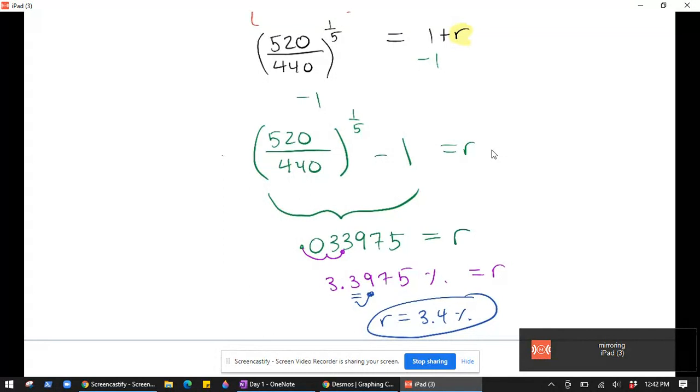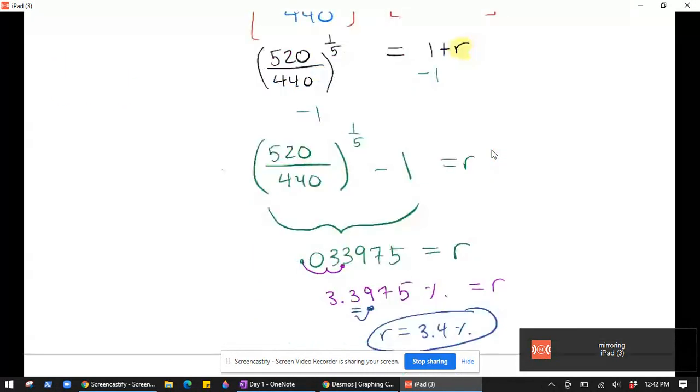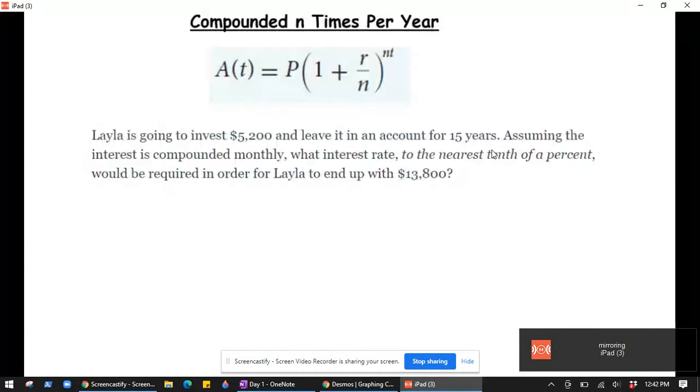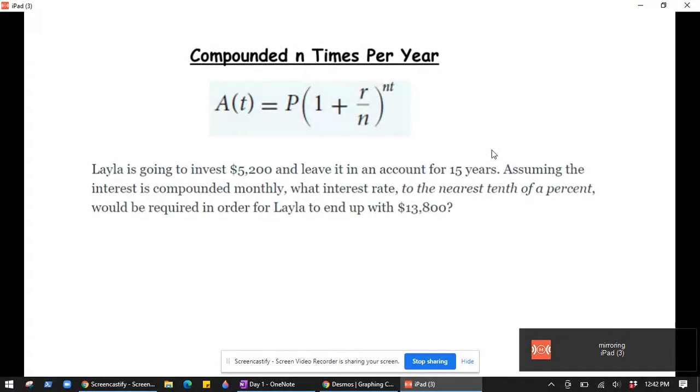Okay, let's try another one involving the interest rate that might have one other extra step I'm going to need to focus on. This says Layla's going to invest $5,200 and leave it in an account for 15 years. So we know that's our P, our principal.